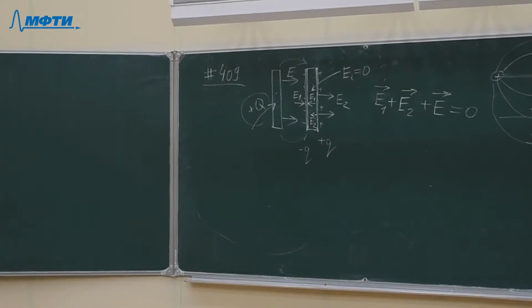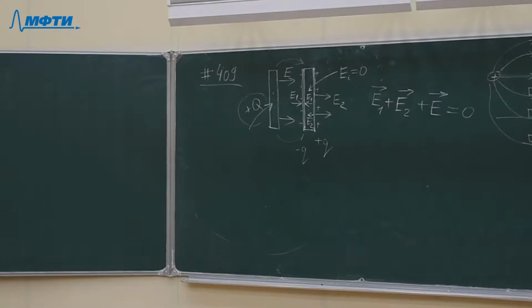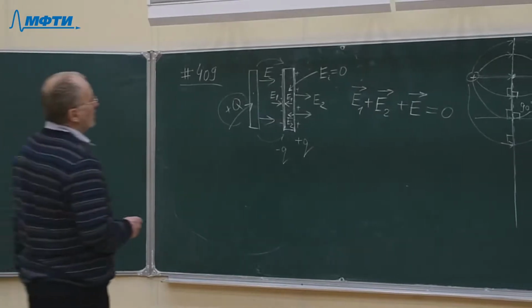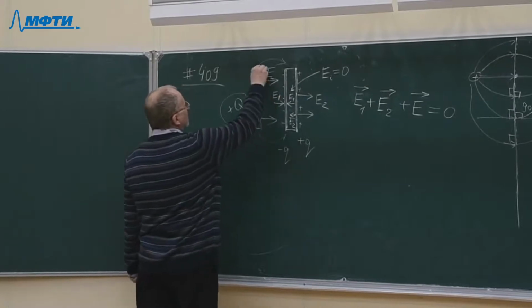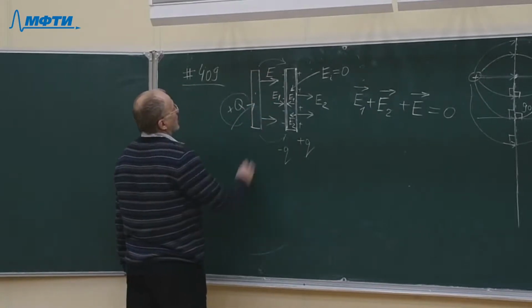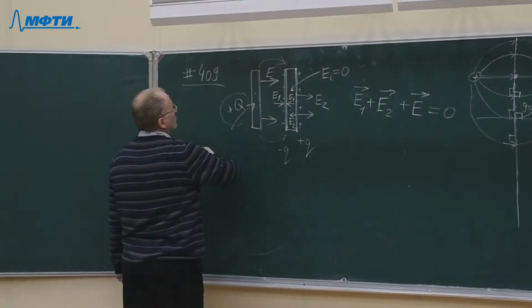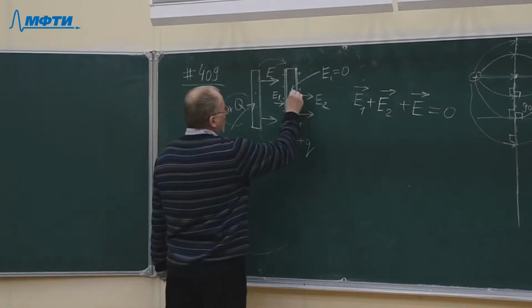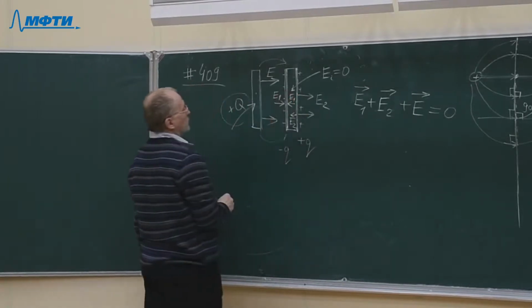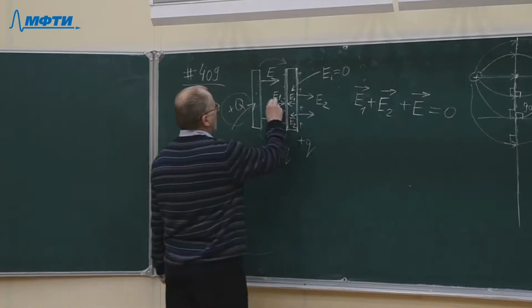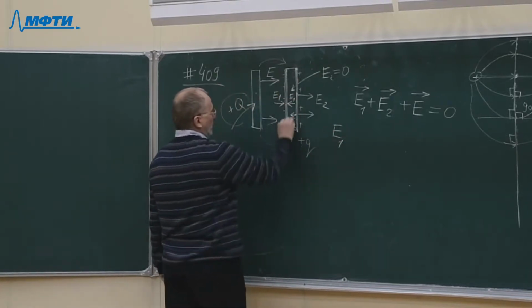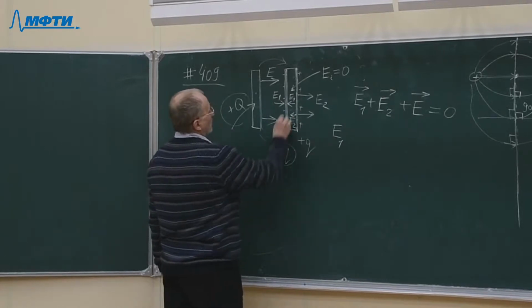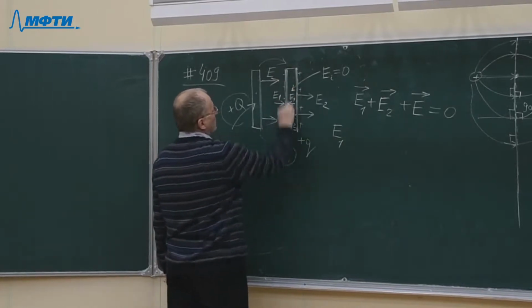And also we know that the electric field strength generated by a surface charge is proportional to this surface charge. So the electric field E1 is proportional to the charge minus Q, which is accumulated on this surface.